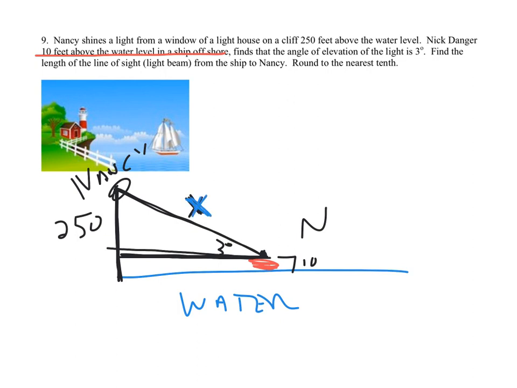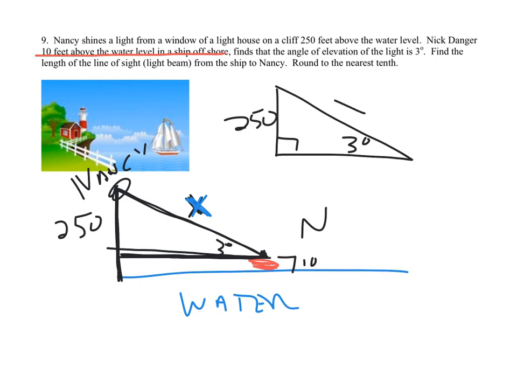And at first glance, when you draw your picture and your triangle, it looks like this. You have 3 degrees, you have 250, and you have x. But the problem is, Nick is 10 feet above the water level. So this 10 is part of this 250, which means this side of the triangle, which I'll put in red right here, is not actually 250, but it's 250 minus 10, or 240.